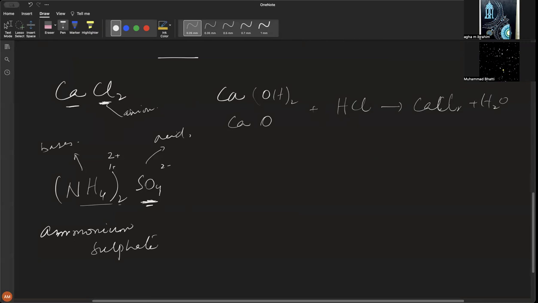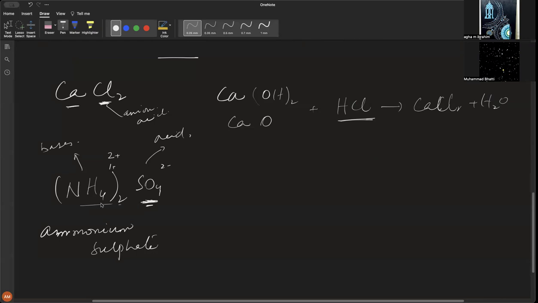The anions always come from the acids. So what type of acid has given chloride ions to the calcium? Definitely it is going to be HCl. There's no other acid that we have studied, right?